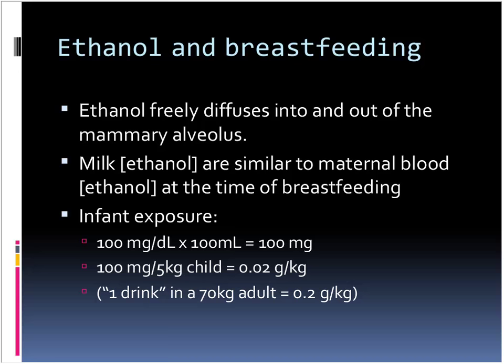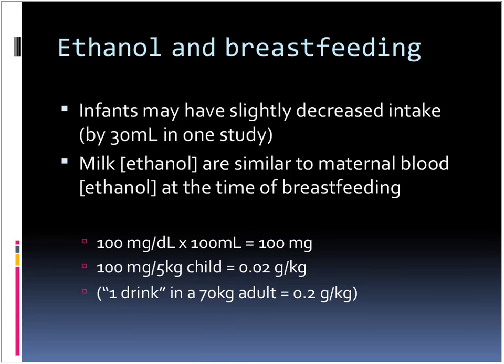While it is small, it is not an insignificant amount. Concentrations much lower than that are going to expose the child to much, much less. And that, again, is the serum concentration at the time of feeding.